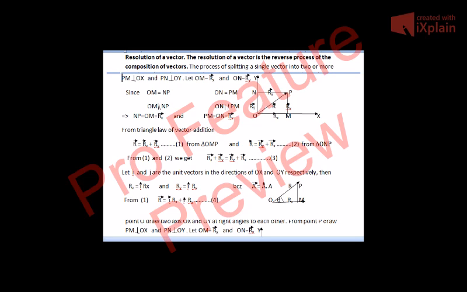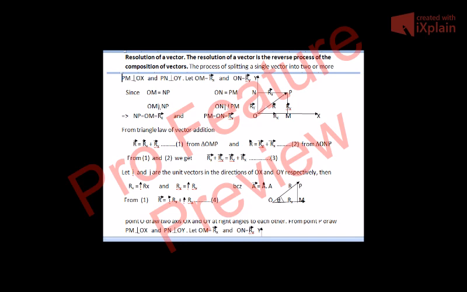Let i and j be the unit vectors in the directions of OX and OY respectively. Then Rx can be represented as, this is vector Rx, Rx is equal to i Rx, where i is the unit vector in the direction of Rx and Rx is the magnitude of Rx.